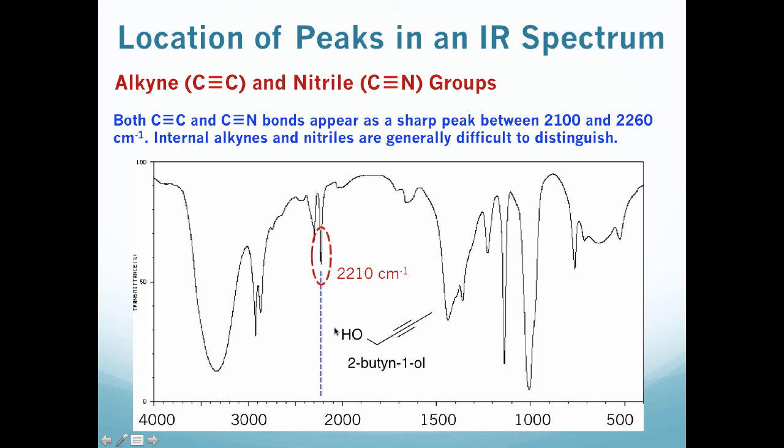We've already talked about the alcohol OH stretch, which you can see here. But now we're specifically concerned with this carbon-carbon triple bond stretch. It isn't all that intense, but it's fairly distinct, and you can see it right around 2100 wave numbers, which is circled here in red. This corresponds to that alkyne C triple bond C stretch.